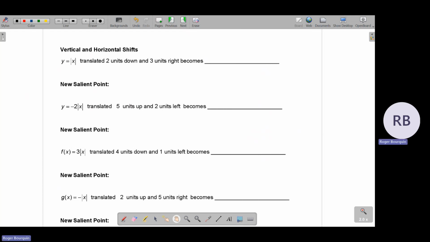What do you think it's going to be? y equals the absolute value of x minus 3, minus 2. Absolutely correct. So what is the new salient point of this one?